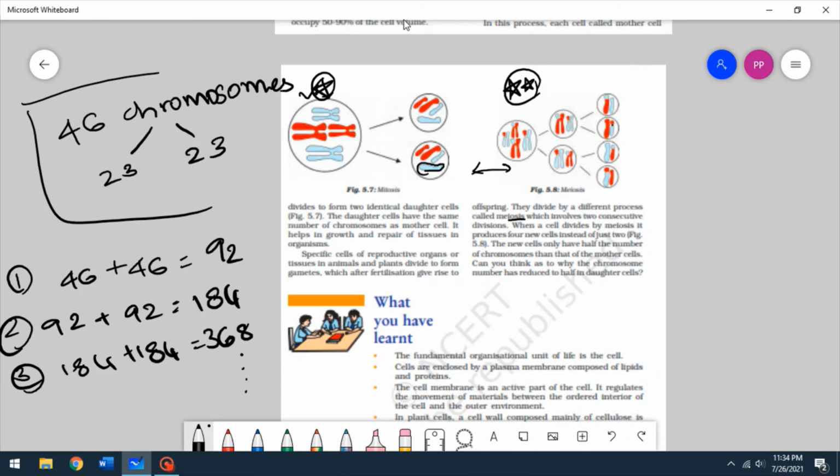It keeps increasing like that. And how much will you keep increasing? The chromosomes can't keep increasing like that, right? So that is how a 46 chromosome human has 23 chromosomes in the reproductive organs because of meiosis, thus maintaining that constant 46 chromosomes in every stage of reproduction in every generation.